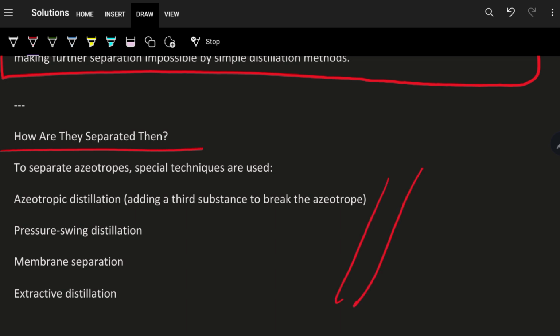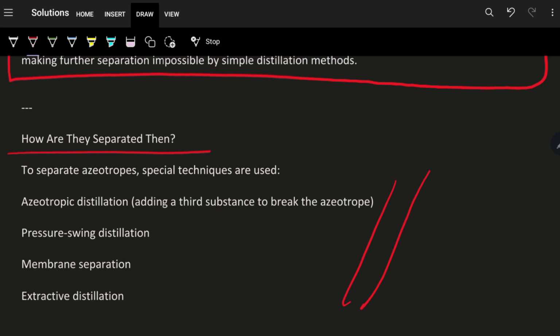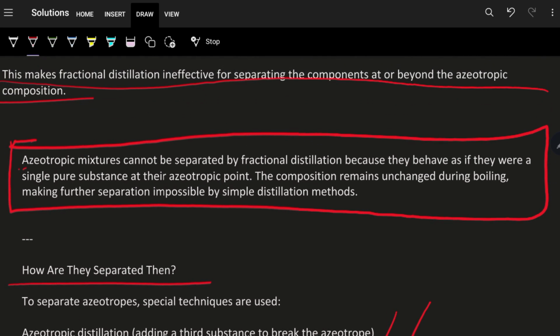That is, I can mix a third substance to break the azeotrope, and once I break the azeotrope, I can definitely separate the mixture. Other methods are pressure swing distillation, membrane separation, extractive distillation. So these are the methods by which you can separate an azeotropic mixture, but do keep in mind why you can't separate the azeotropic mixture by the fractional distillation method.